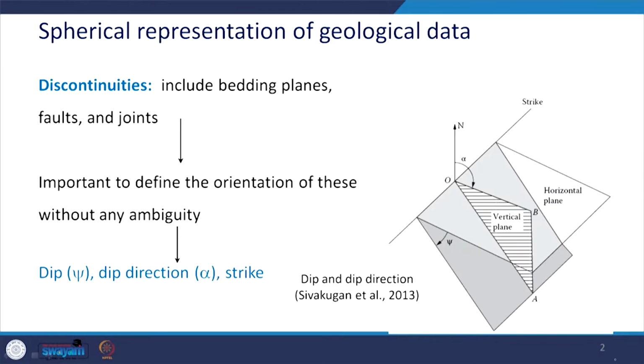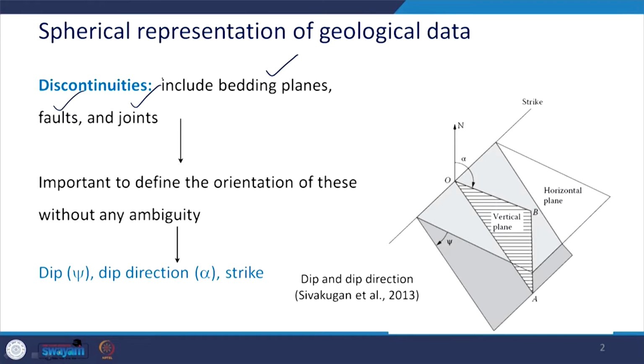So, today in this lecture we are going to learn some of the basics related to the geological representation in a graphical manner. To start with, I mentioned to you that we have various discontinuities. These include bedding planes, faults and joints.